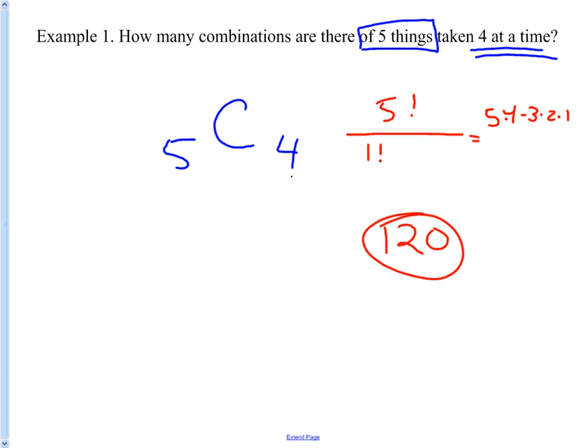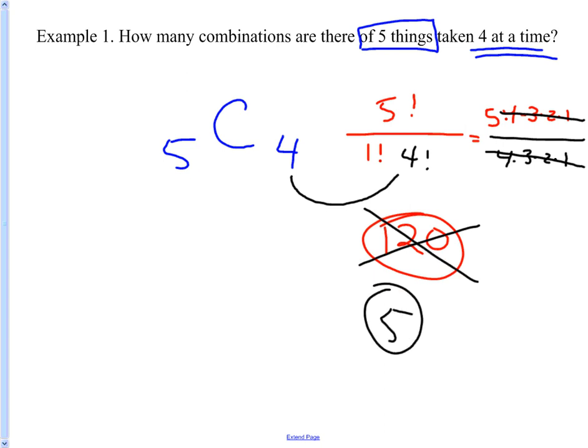This number right here needs to go over here. All right, so it really should have a 4, 3, 2, 1, which then will cancel that. And what's the real right answer? 5. Raise your hand if you had that answer. Okay, good.